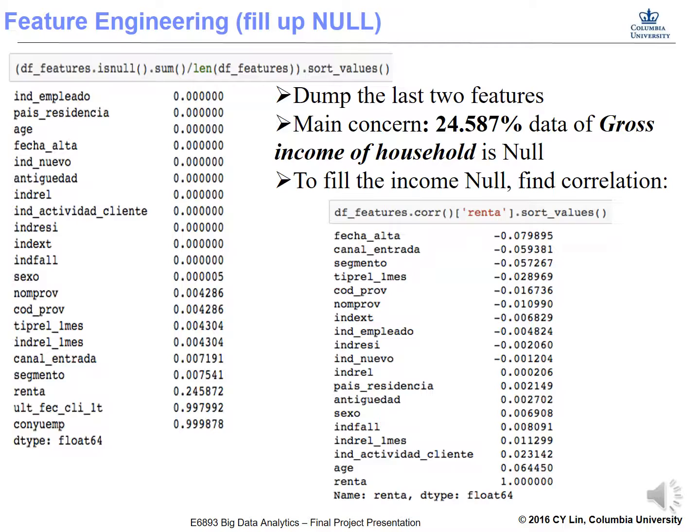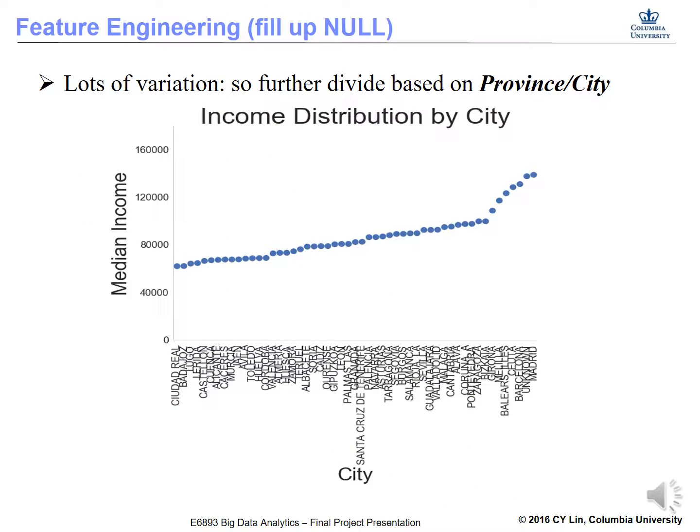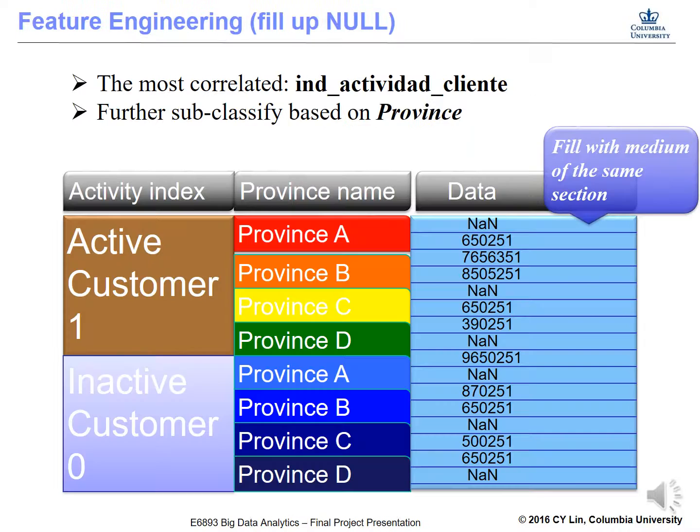So we firstly find the correlation from all other features to this feature, and we found that the activeness is highly related to that. And based on our visualization before, we also find that the income is distributed by city.